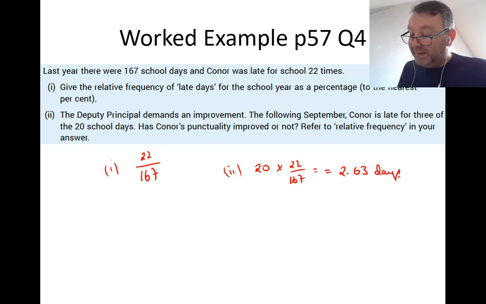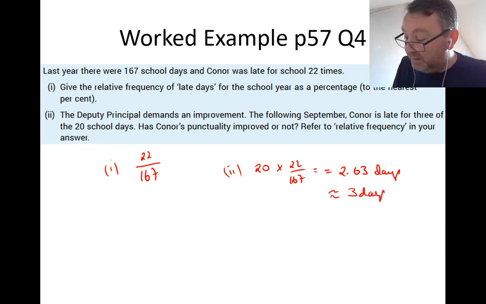So we expect Connor to be late for 2.63 days. He's been late for 3, so 2.63 is approximately 3 days. Has his punctuality improved? No, it hasn't. It's in line with his previous lateness.